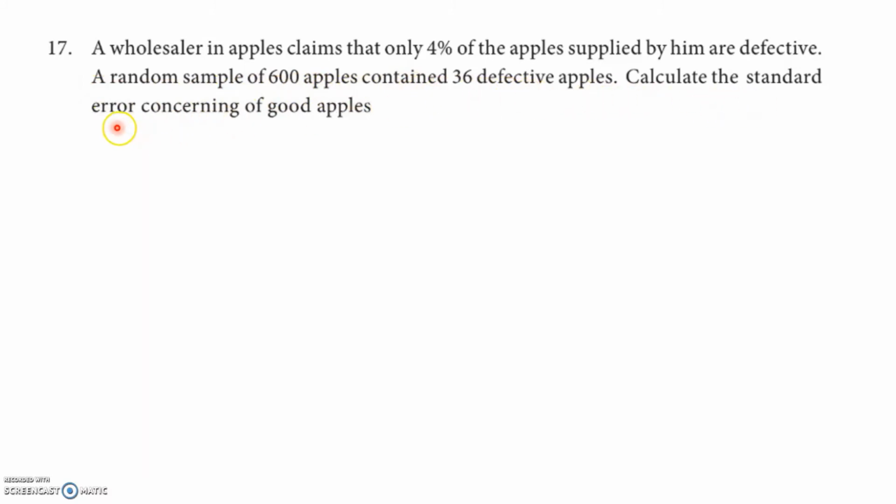Calculate the standard error concerning good apples. Now, the wholesaler claims that only 4% of his apples are defective. So this is a proportion problem. So you have the defective and the non-defective. So we need to calculate the standard error with respect to the good apples.